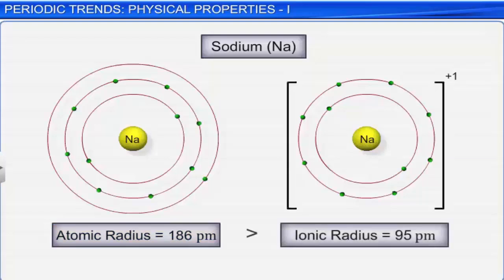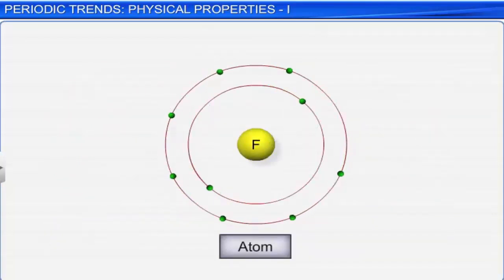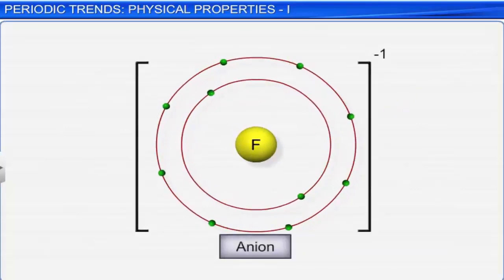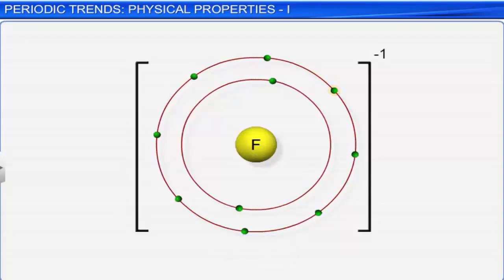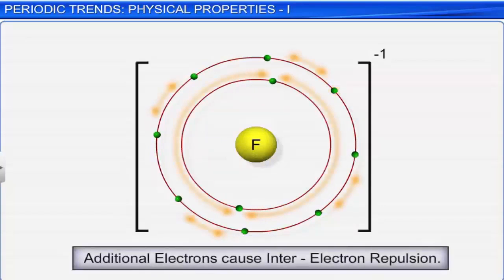Similarly, when a parent atom gains an electron, it forms a negative ion or an anion. The addition of one or more electrons results in an increased magnitude of inter-electronic repulsions among the electrons and a decrease in the effective nuclear charges. Therefore, the size of an anion is larger than that of the parent atom.